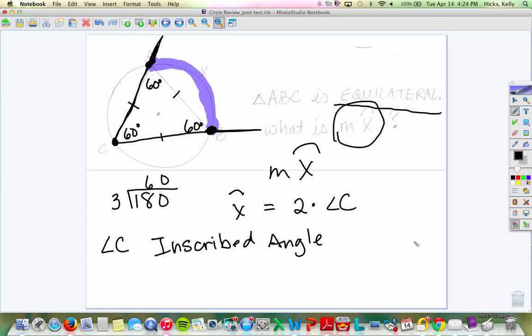The vertex right there, point C, is on the circumference of the circle. And an inscribed angle is half of the arc that it intercepts. Okay, so if 60 is half of that arc, then that arc is going to be 120 degrees.